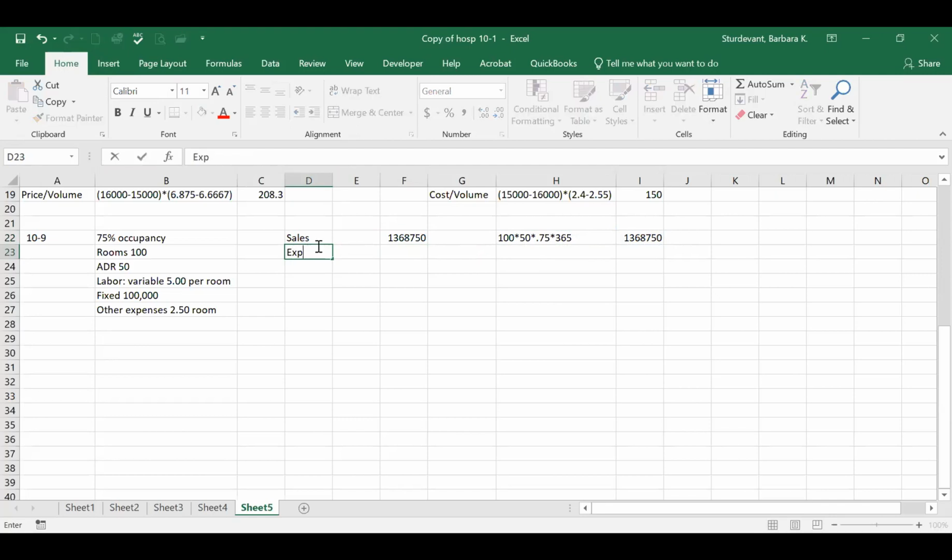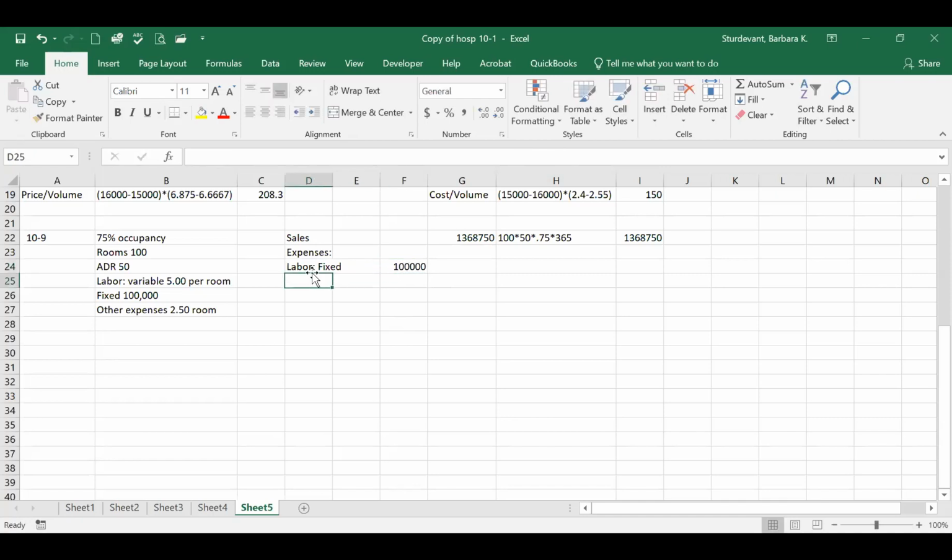Expenses. We know we have labor, fixed of 100,000.